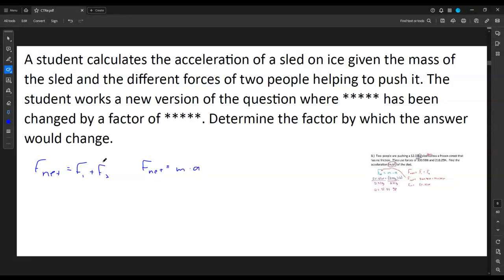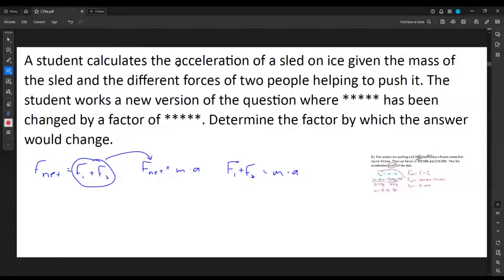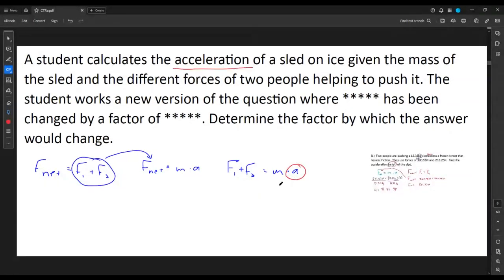So we can take this whole chunk and put it in for net force, and that tells us that F1 plus F2 is equal to mass times acceleration. Now, let's read the question carefully. This is wanting us to find acceleration, which means I'm going to have to divide by mass. And so my formula: acceleration can be found by adding these forces together and then dividing that sum by mass.